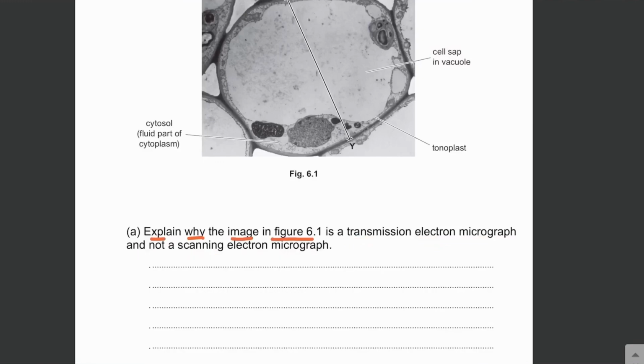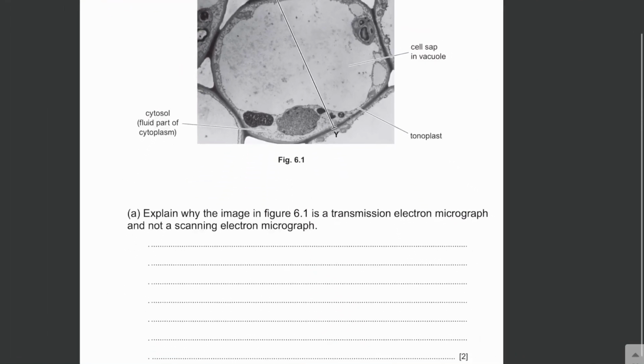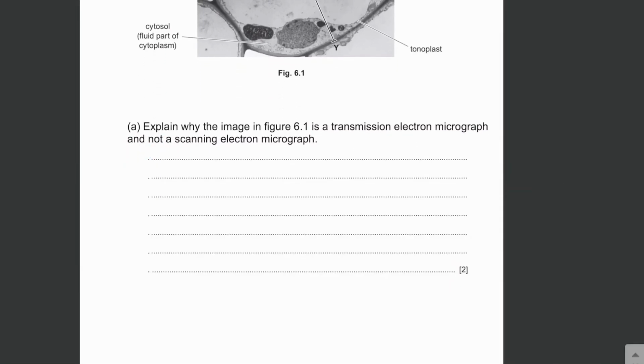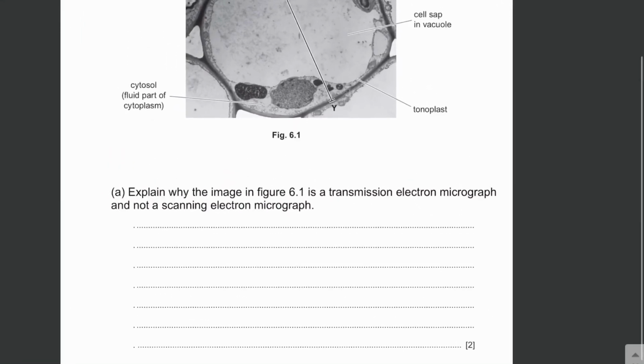Okay, so why do you think that the image in figure 6.1 is a transmission electron micrograph, which is a picture taken from the transmission electron microscope, and not a scanning electron micrograph, that is a picture taken from the scanning electron microscope? Because if we observe an object under the scanning electron microscope, the image that we get is 3D and we see the surface contours.